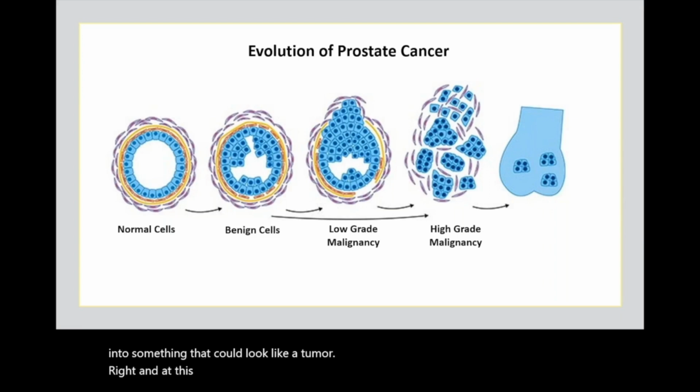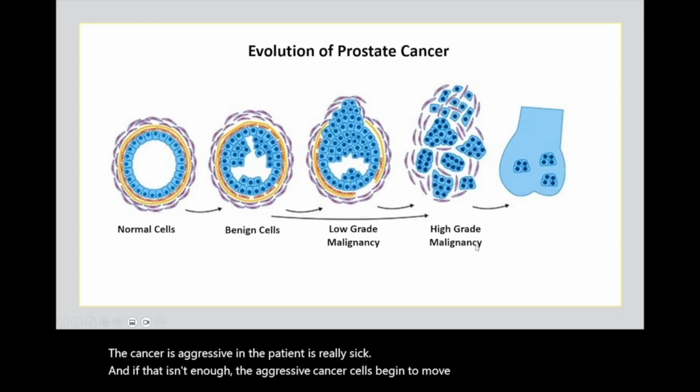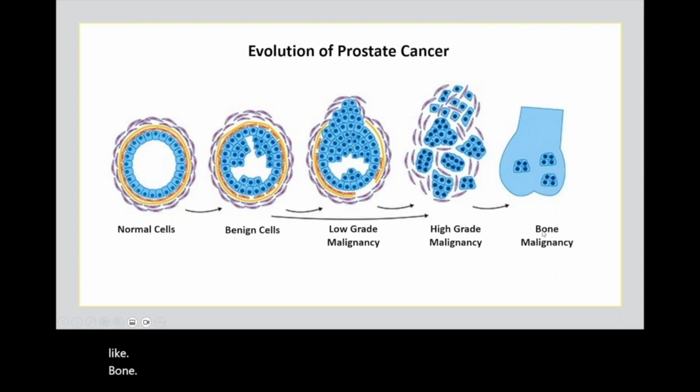At this stage, the cancer is aggressive and the patient is really sick. And if that isn't enough, the aggressive cancer cells begin to move to other parts of the body, like bone, and this is what we call secondary cancer. Another word for secondary: metastasis, or the cancer has metastasized.